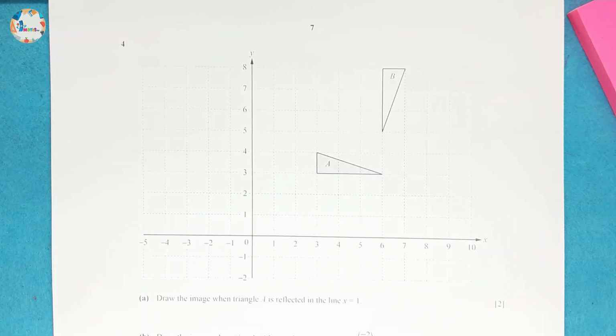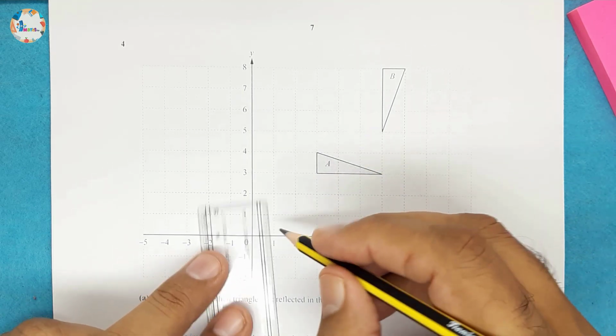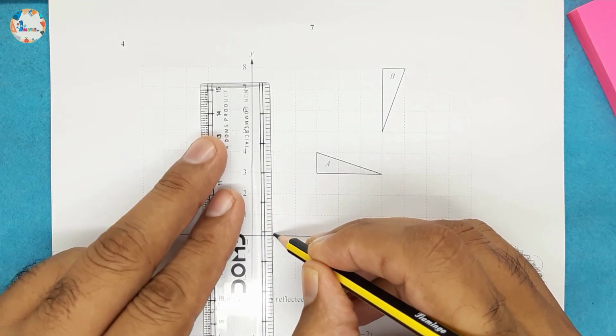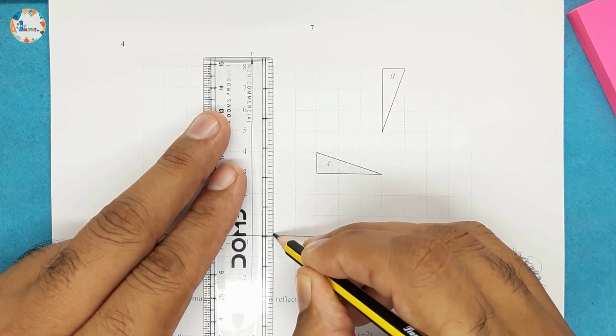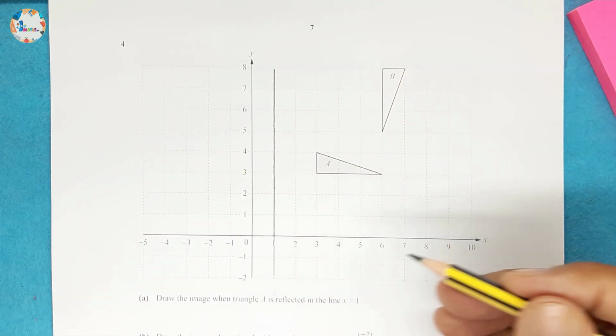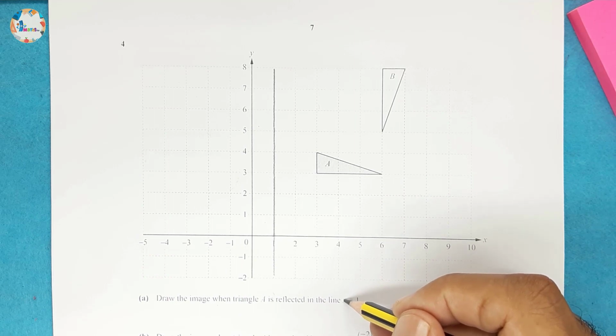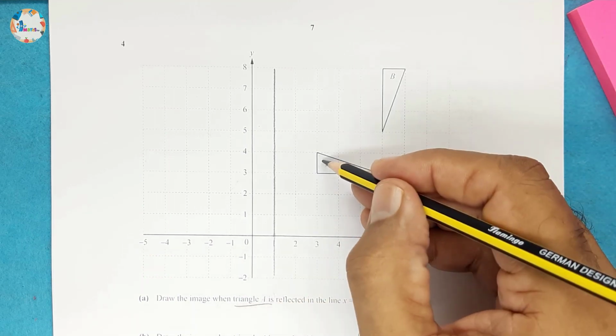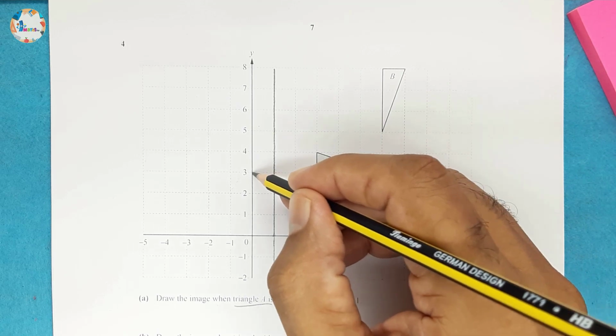Now this is question number 4, which is a transformation question. Draw the image when triangle A is reflected in the line x is equal to 1. So x is equal to 1 is basically this line. So we have to reflect triangle A. So triangle A is this one, 1, 2 units, 1, 2 units.